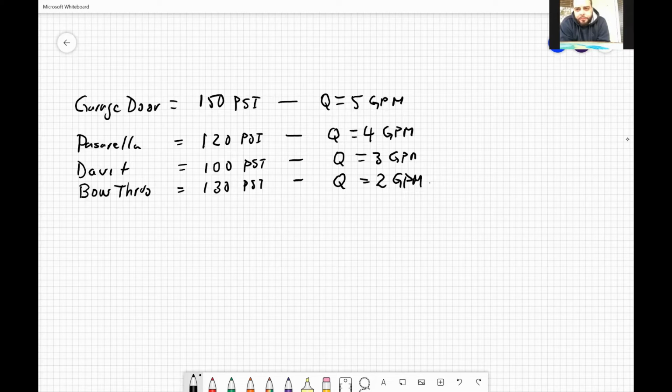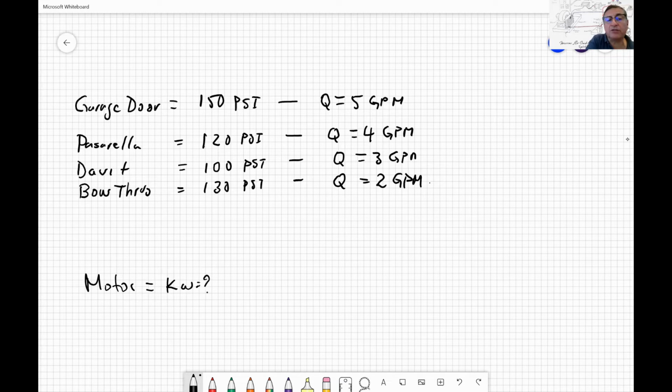Okay. The question is, with that information, how can I calculate the capacity of the motor in kilowatts? This is the $1 million question. And I need to calculate the breaker for that electric motor, correct?